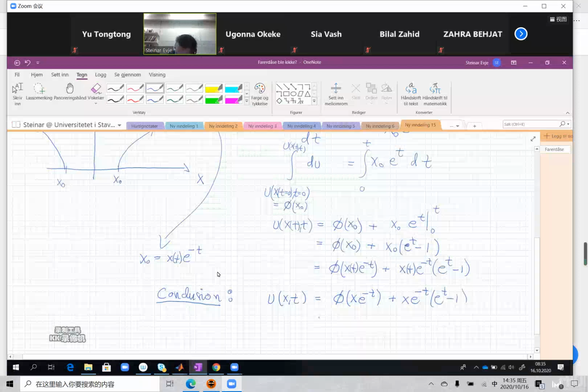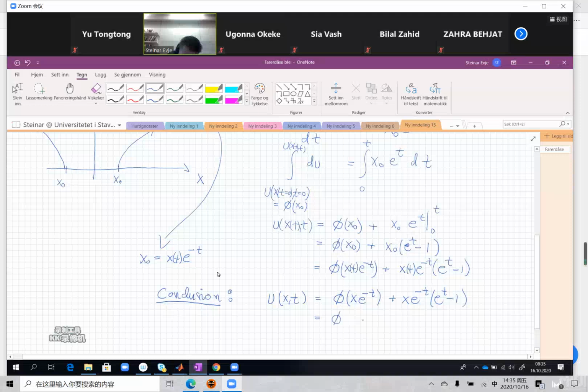We may write this as phi of x e^(-t) plus x. And then we combine, take this exponential function, combine it with the expression in the bracket and get 1 minus e^(-t).